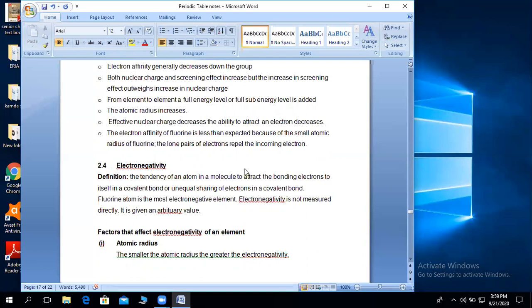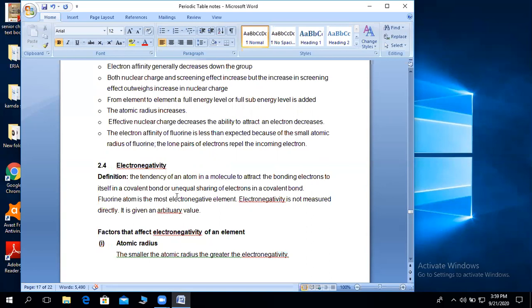Yes. Okay, electron affinity. I mean electronegativity. Electronegativity, it is the tendency. Let's say I have a molecule like hydrochloric acid. Now in hydrochloric acid, you know the chlorine atom has a partial negative charge, then the hydrogen atom is positively charged.